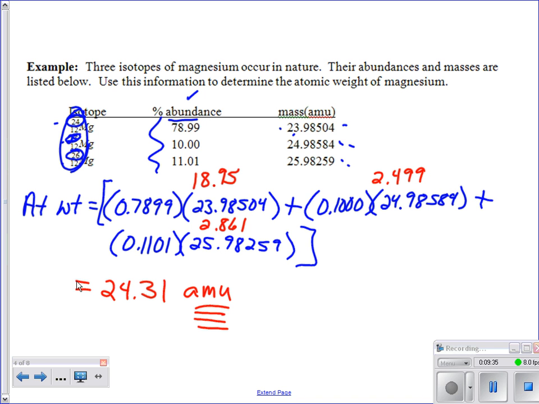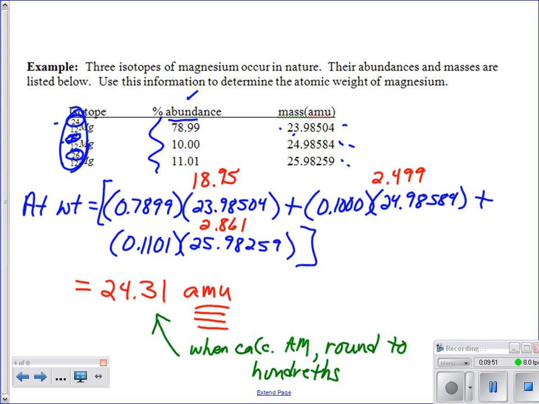Here is our rule of thumb that we're going to stick with. When calculating atomic mass or atomic weight, round to the hundredths. In other words, 2 past your decimal.